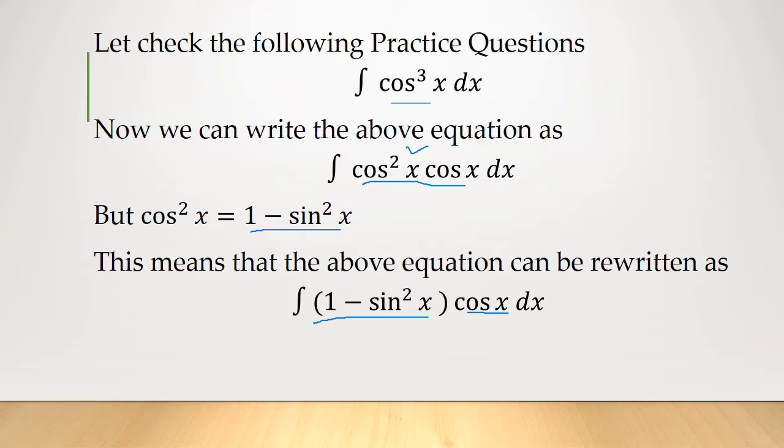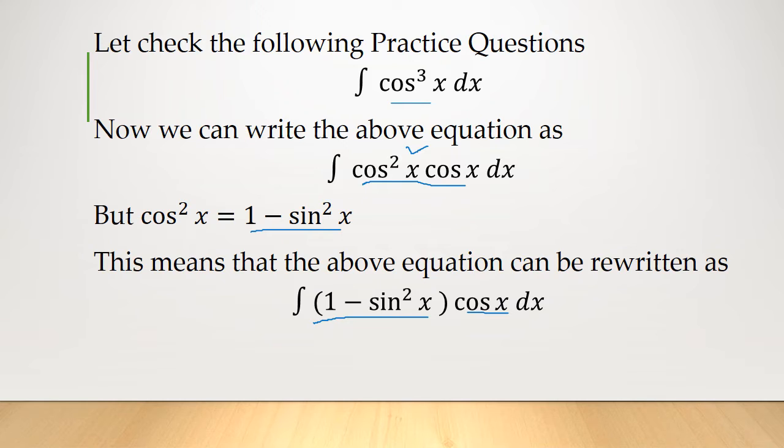In this splitting, we can introduce one of the main ideas that we normally have, which is the cosine identity in trigonometry. Here we have cosine squared x being equal to 1 minus sine squared x.